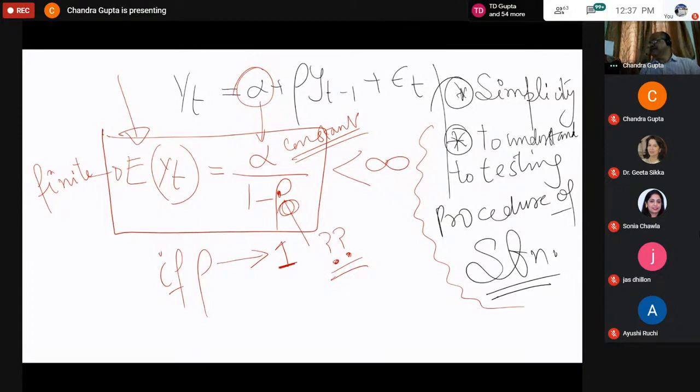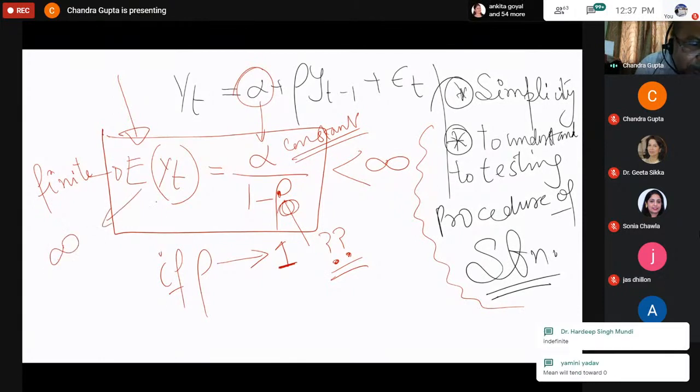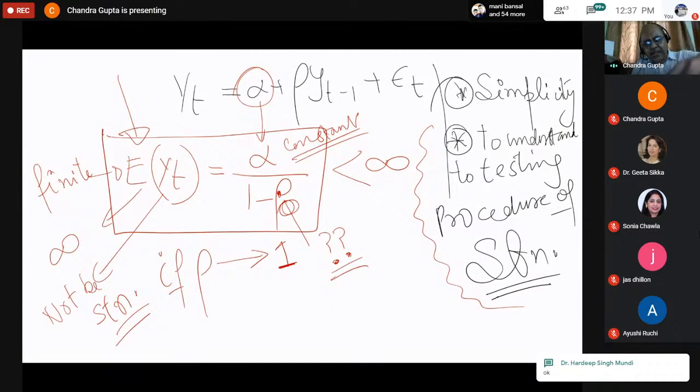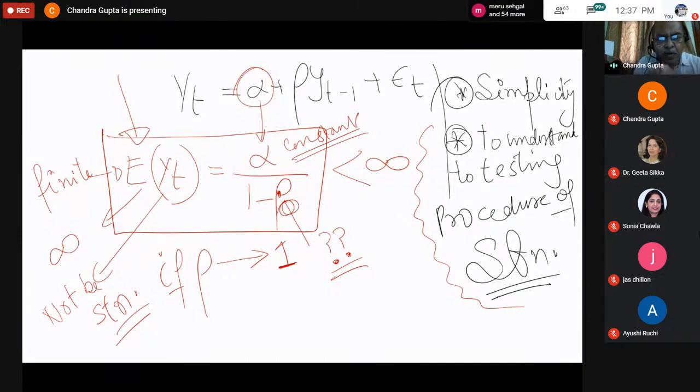Think. Your mean will tend towards infinity and the series will not be stationary. That means I have to impose a condition, and that is the value of rho should be less than 1. If it is less than 1, then I can think of getting a finite value of mean, and thereby I can think of stationarity. Otherwise, I cannot. Okay, right?